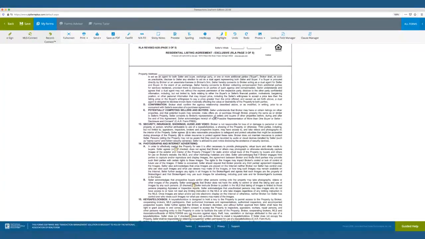So that's one thing, and it's also talking about audio and visual equipment. Many houses have nanny cams. Many houses have Ring doorbells. This was put into this contract because of a case that happened in Northern California where a buyer was going through a house talking about strategy and how to get the house.